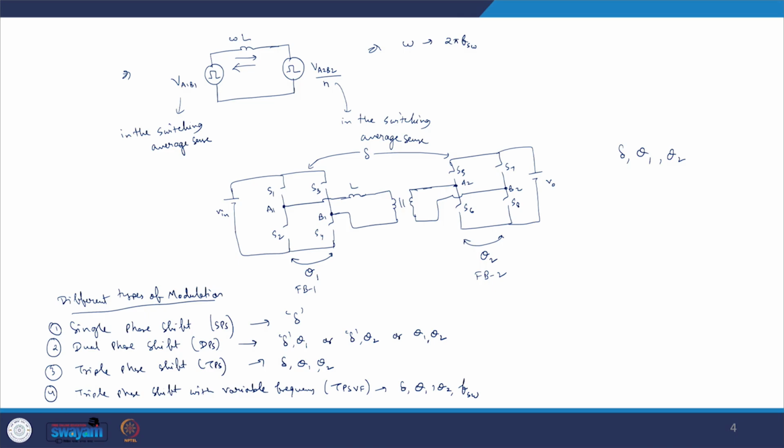Now let us see the single phase shift modulation for developing the understanding of how this converter works. So let me define the single phase shift modulation.